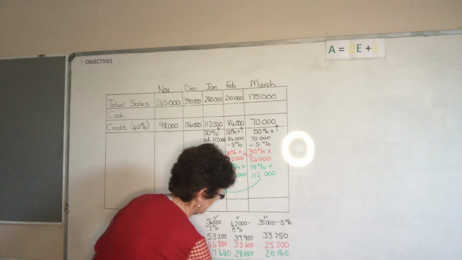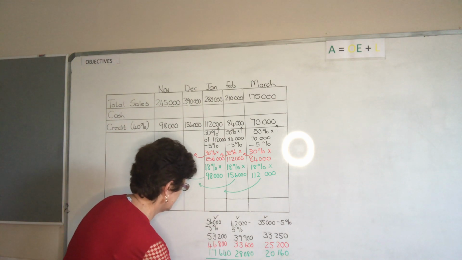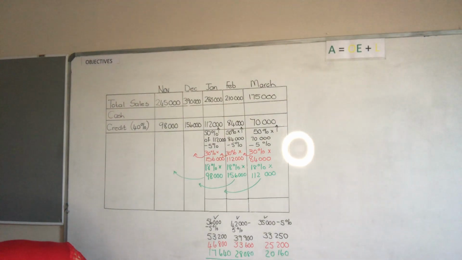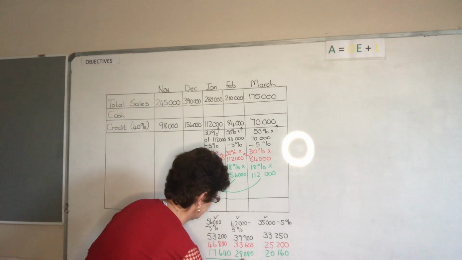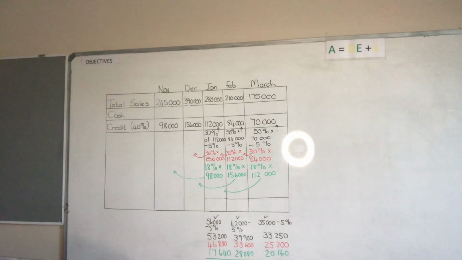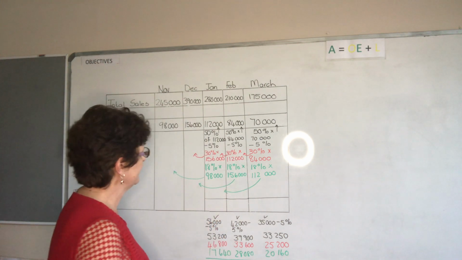So we are now going to add that up, which is 117,640. Then 101,580. And then the last one, adding it all up, is 78,610. And what does this mean now?